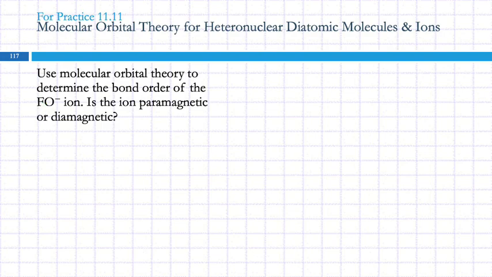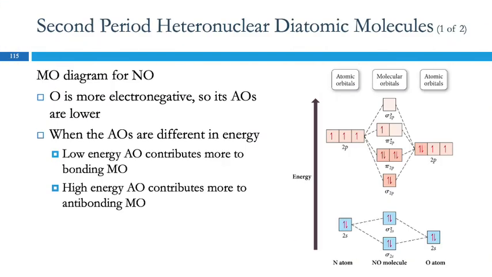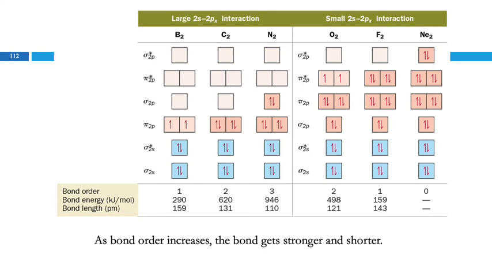You take that orbital diagram. Let's use a regular one. So let's just co-opt this guy over here. 1, 2, 3, 4, 5, 6, 7, 8, 9, 10, 11, 12, 13, 14.